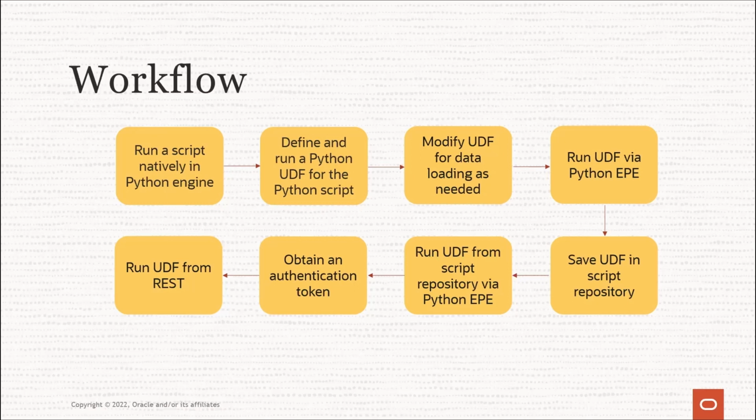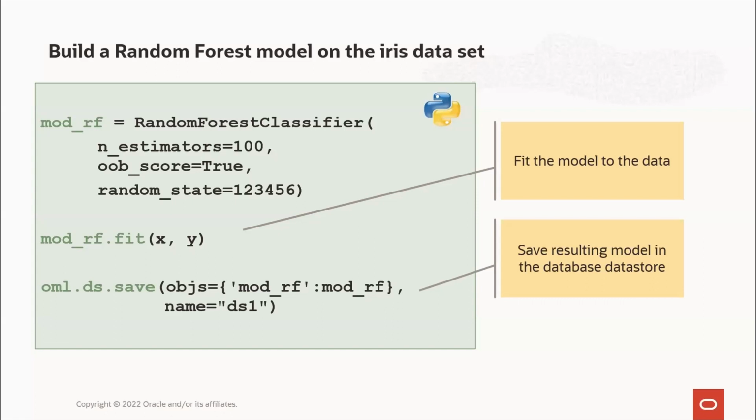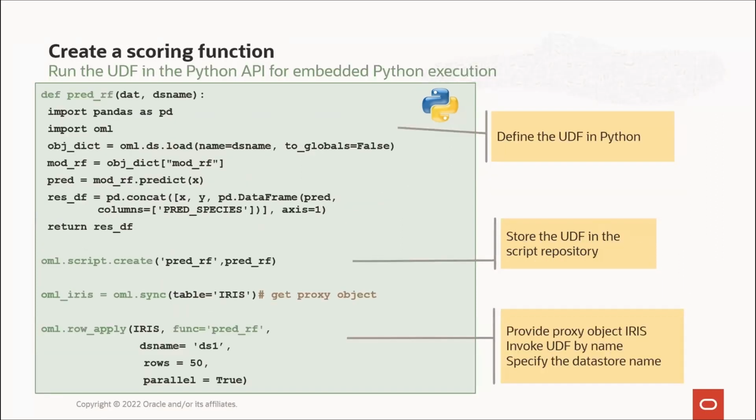So what does this look like in practice? Here we're building a model in Python with the name modRF. It builds a random forest model and saves the model to a data store using oml.ds.save, and the data store name is DS1. Then we define a scoring function predRF that loads the model from the data store and does the scoring, returning the predictions along with the original data.